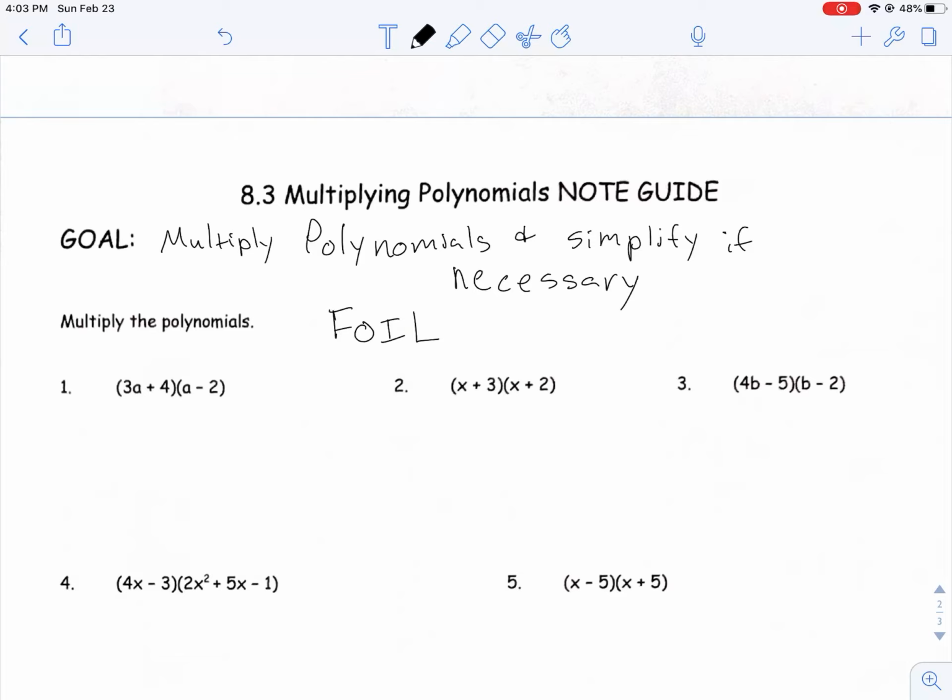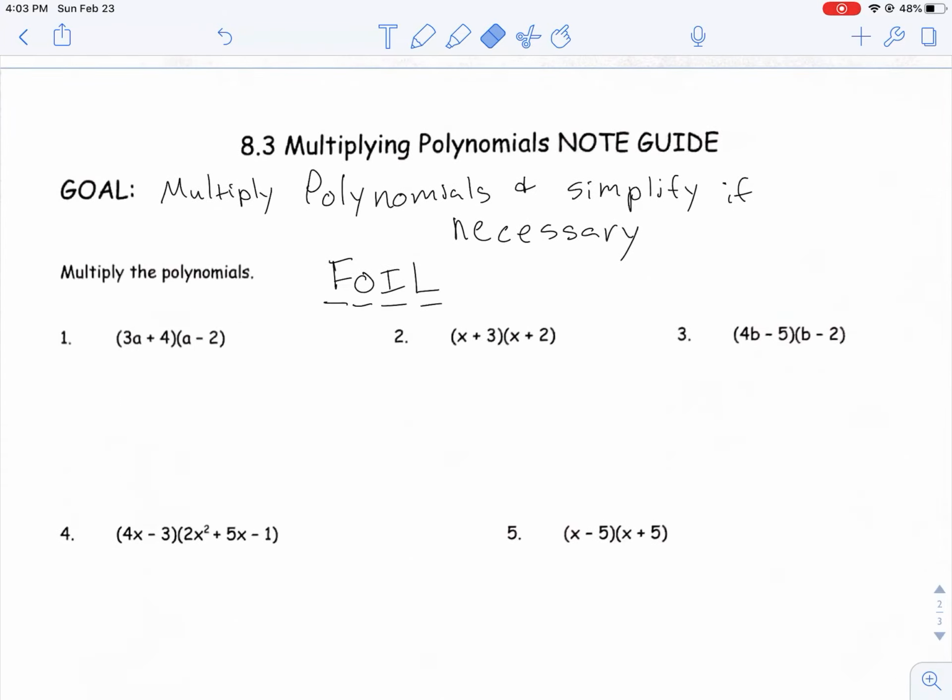Basically what FOIL means is you're going to multiply the first terms together, the outside terms, the inside terms, and the last terms. So we're doing four little multiplication problems, and we're just going to simplify it at the end. And that's basically how I'm going to do it.